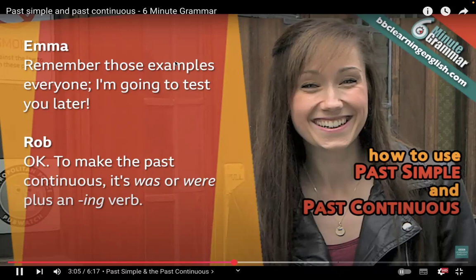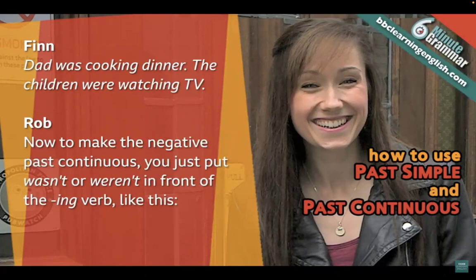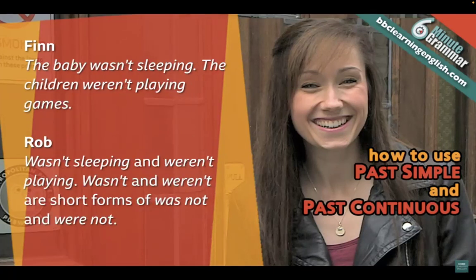Remember those examples, everyone? I'm going to test you later. Oh, okay. To make the past continuous, it's was or were plus an ing verb. Dad was cooking dinner. The children were watching TV. Now, to make the negative past continuous, you just put wasn't or weren't in front of the ing verb, like this. The baby wasn't sleeping. The children weren't playing games.